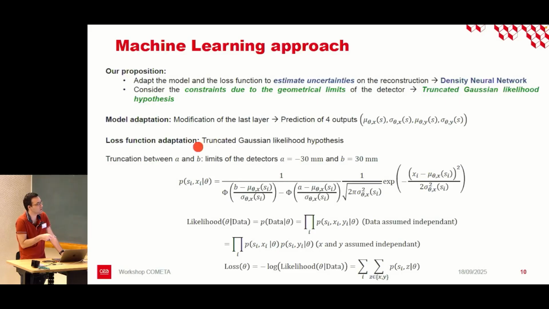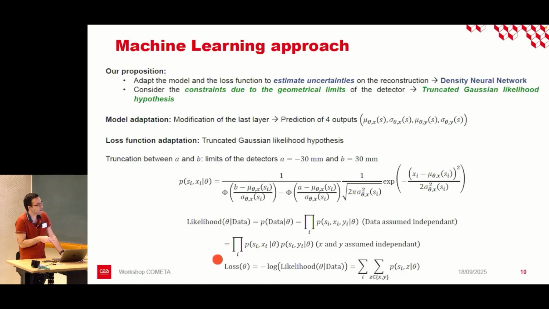It consists in considering all the events of the database independent and identically distributed. So we can say that the likelihood is the product of all of these individual likelihoods according to all of the events.